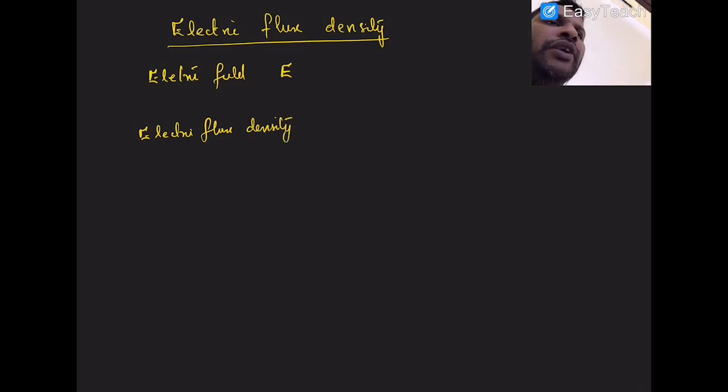Electric flux density is denoted as D, and D is given as epsilon naught into E. So you know that E is usually a function of epsilon naught, or epsilon in general.